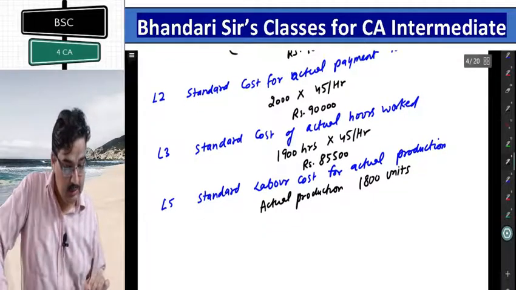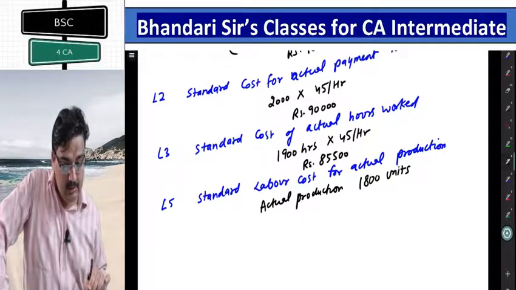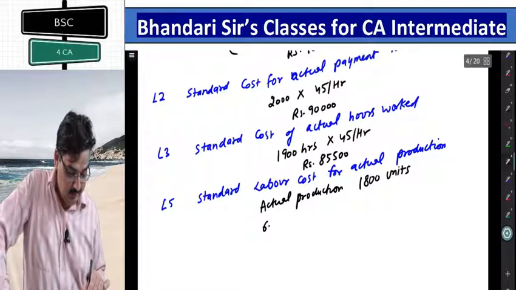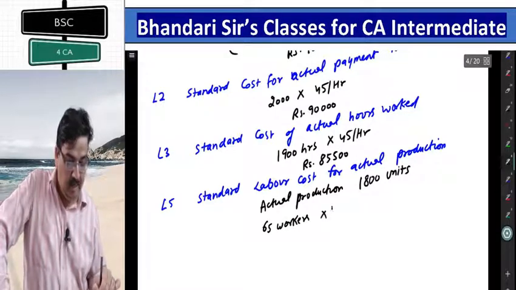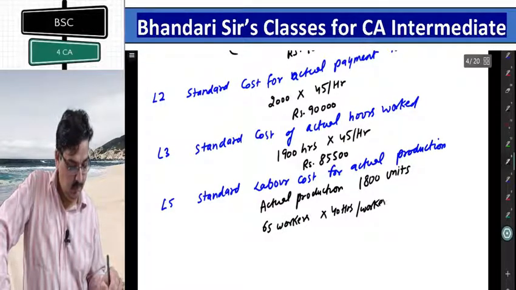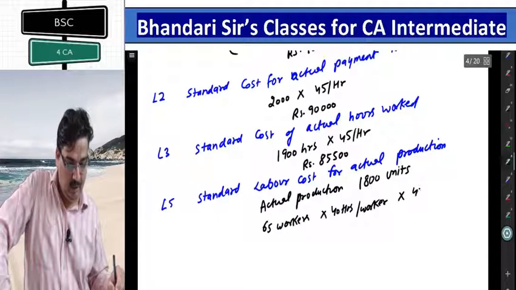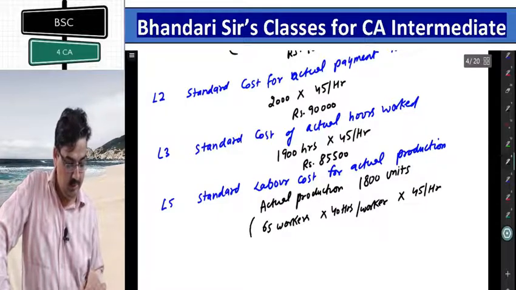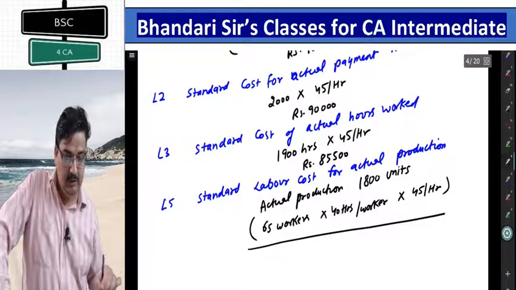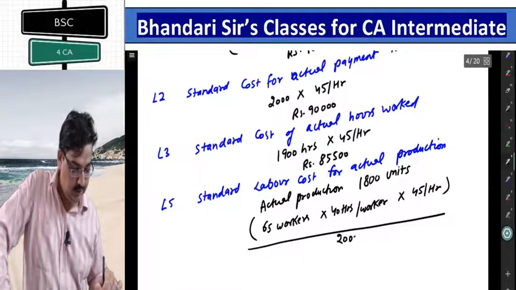Budgeted cost is, they were planning 65 workers multiplied by 40 hours per worker multiplied by 45 per hour, which was the standard rate. At this cost, they would have produced 2000 units.